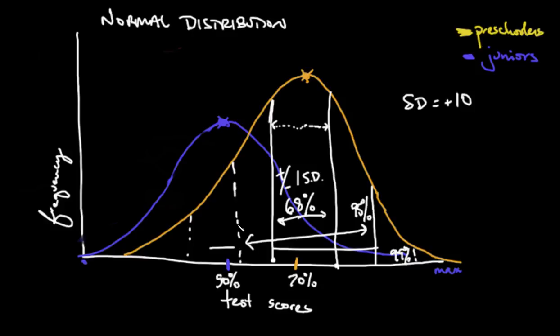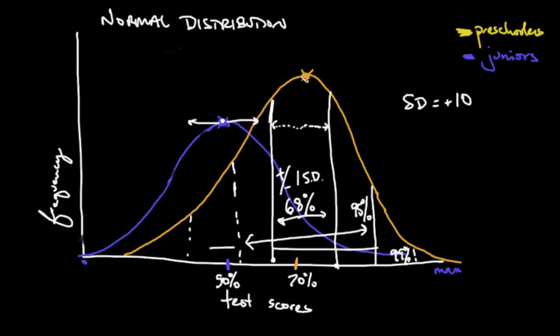And if our plus or minus 2 standard deviation line is right here, which is really close to our mean, we can probably guess that plus or minus 2 standard deviations on either direction from the mean is going to overlap with the range for the preschoolers, which would indicate that there's not likely a difference between these two groups. But if the standard deviations are really small, which can happen with more data, because any outliers get canceled out, you might just see that these groups are in fact different.